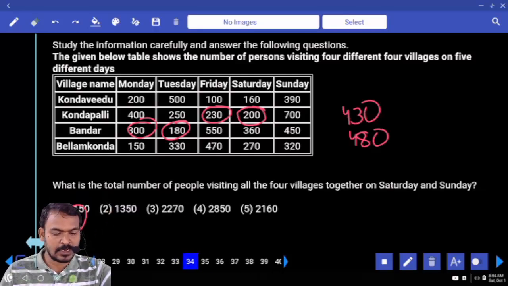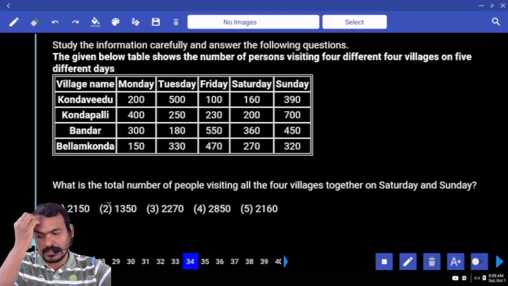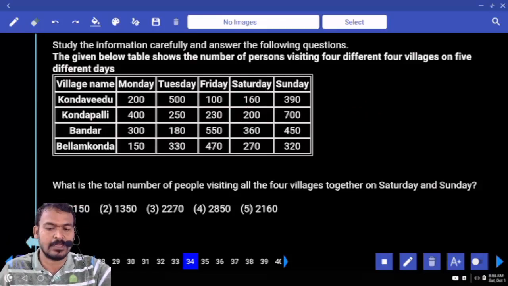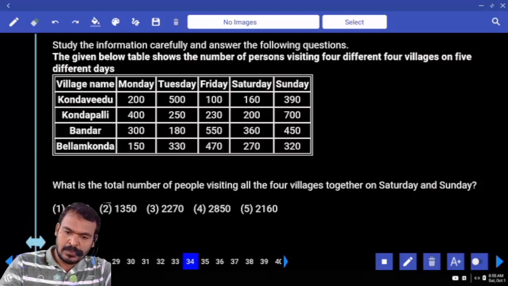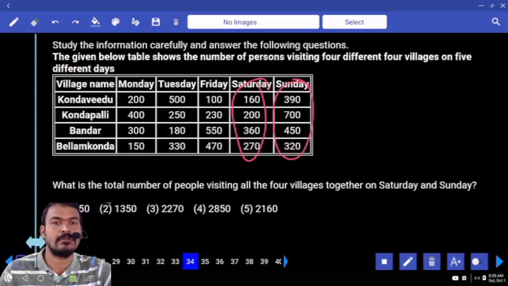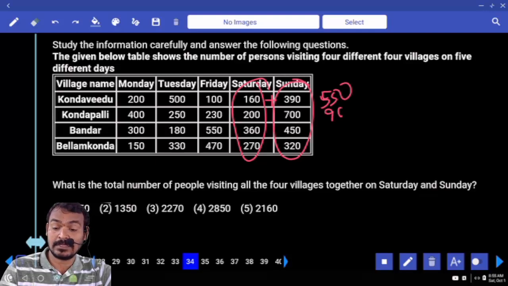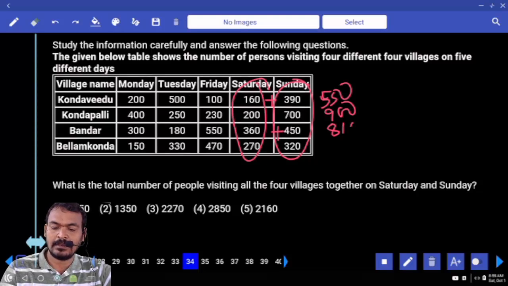Next, question number 34. The total number of people visiting all the 4 villages together on Saturday and Sunday together. First we add all the Saturday values and Sunday values. 160 plus 390, 550. 200 plus 700, 900. 360 plus 450, 810. 270 plus 320, 590.